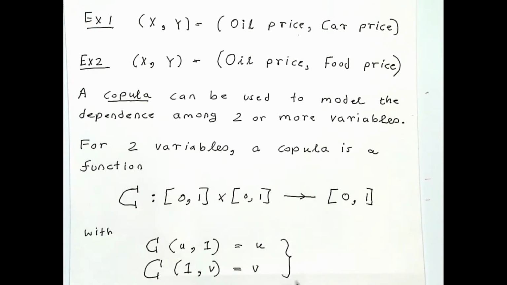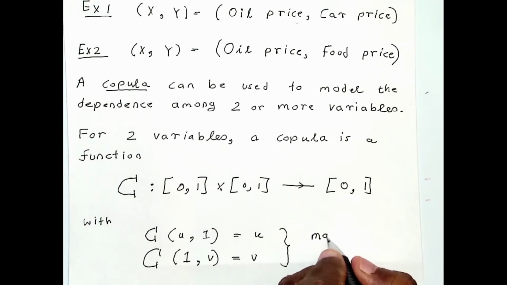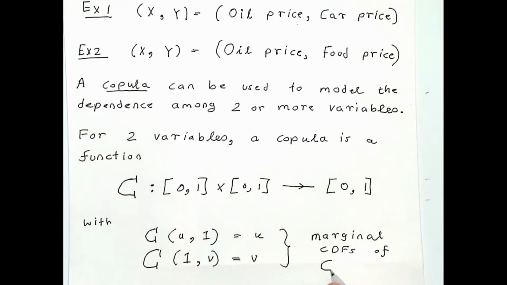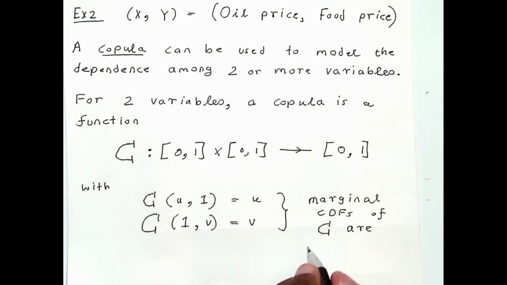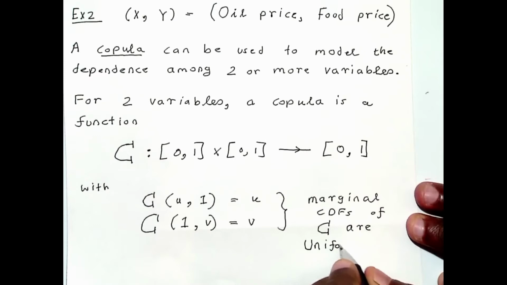What these two mean is that the marginal cumulative distribution functions of capital C are uniformly distributed on the interval from 0 to 1.